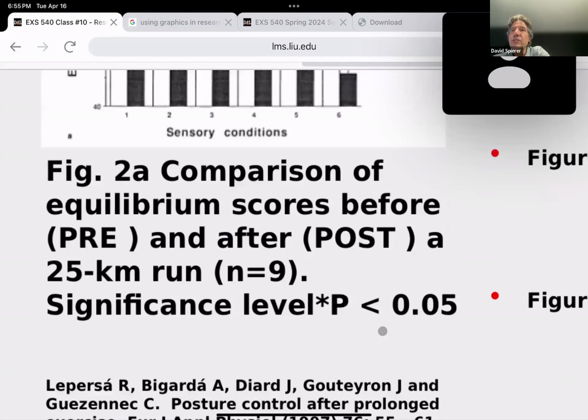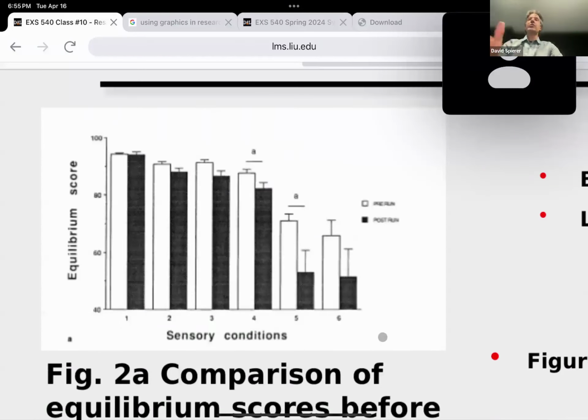So when you're looking at a visual representation, it doesn't just tell you a story of comparing group to group or condition to condition. It also tells you the story of what's going on within each group or variable.